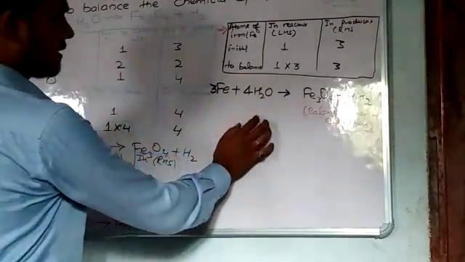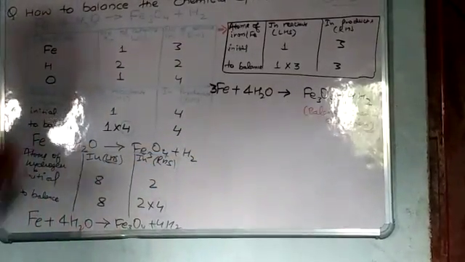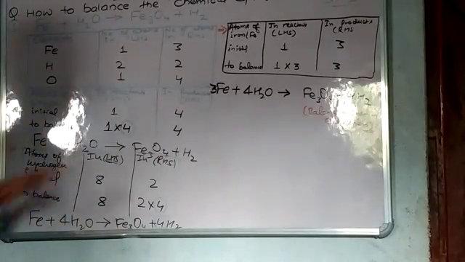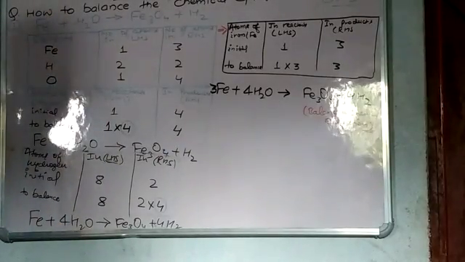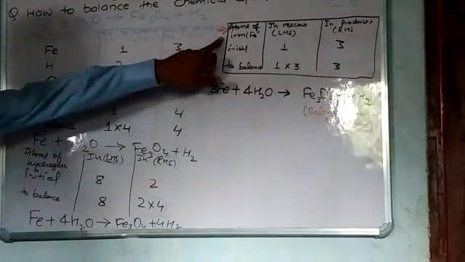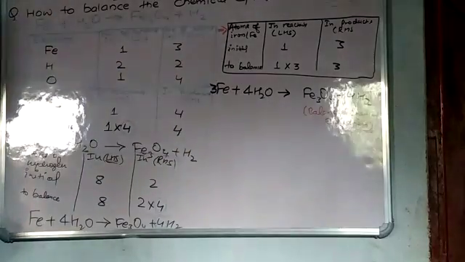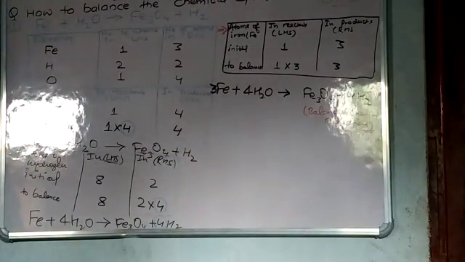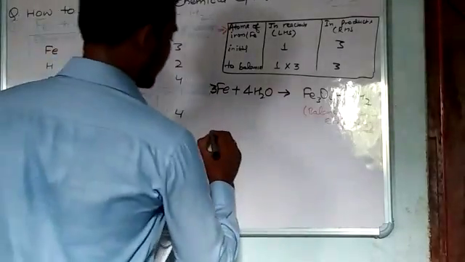To solve any unbalanced equation, just proceed through these 1, 2, 3, 4 steps to balance such types of chemical equations. Now the final thing necessary is to write down the states.